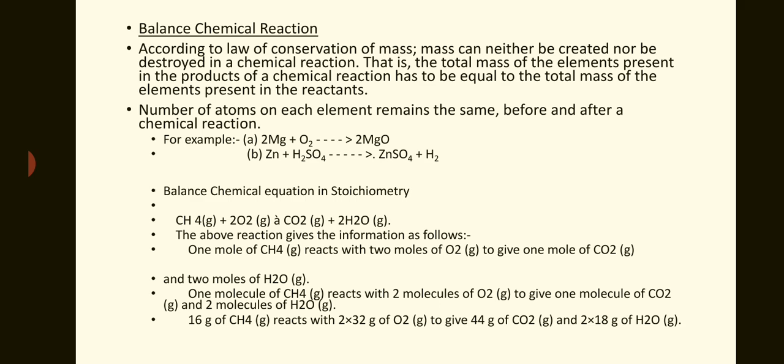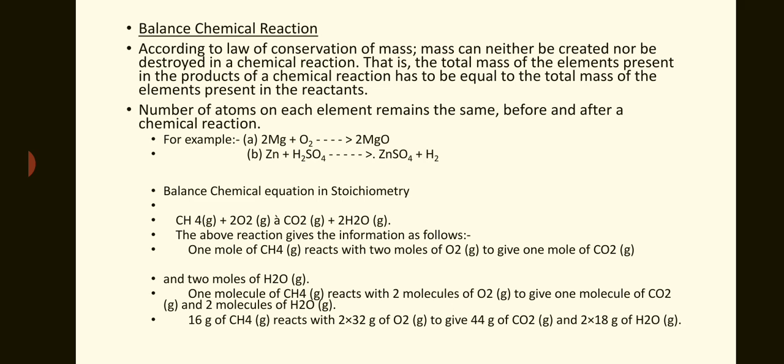The molecular mass of CO2 is 44 because carbon is 12 and oxygen O2 is 32, 32 plus 12 you will get 44. With the help of the periodic table you can calculate. And H2O is 18 gram: due to 2 hydrogen atoms it is 2 plus oxygen 16, 16 plus 2 you will get 18, but in the equation H2O is multiplied by 2, so we have to multiply the weight 18 gram by 2.